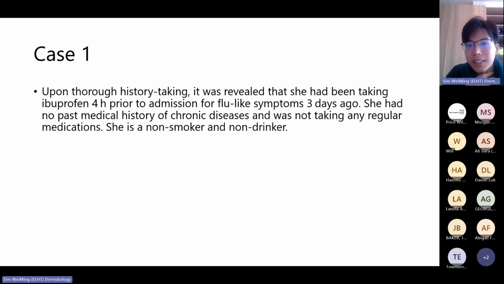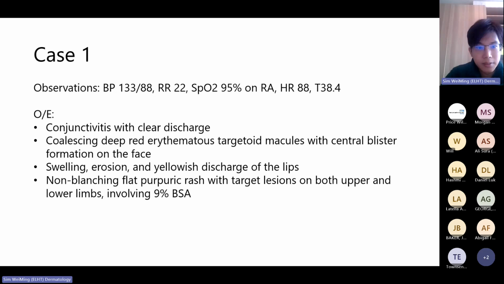upon thorough history taking, it's revealed that she had been taking ibuprofen four hours prior to admission for flu-like symptoms three days ago. She has no past medical history and nothing else significant. On observations, she's a little bit unwell, temperature is up and her breathing rate is also up, but otherwise not too bad.